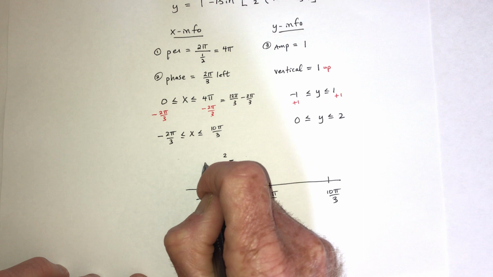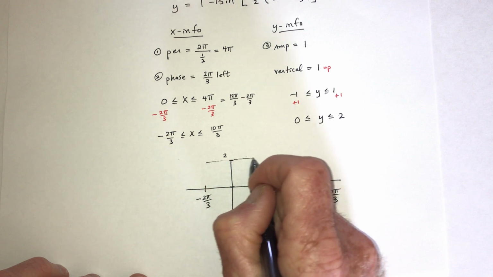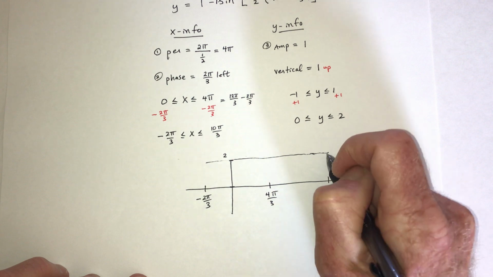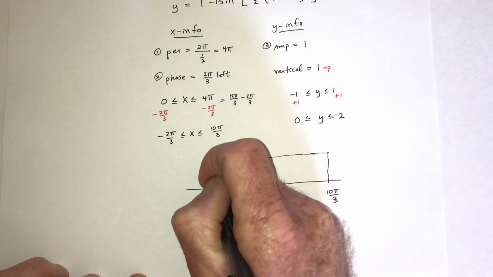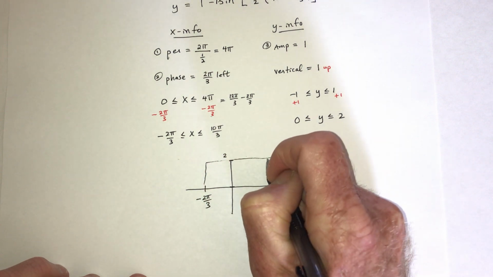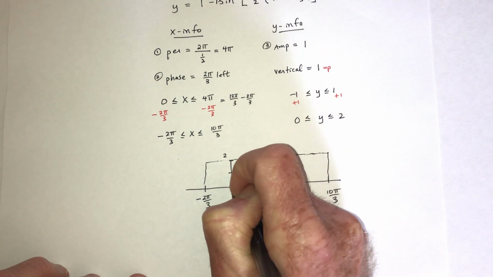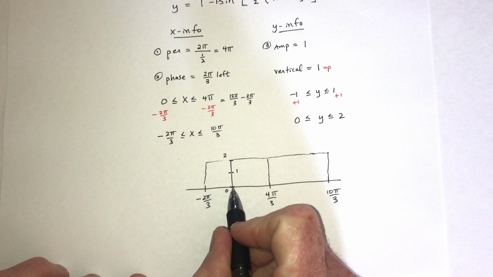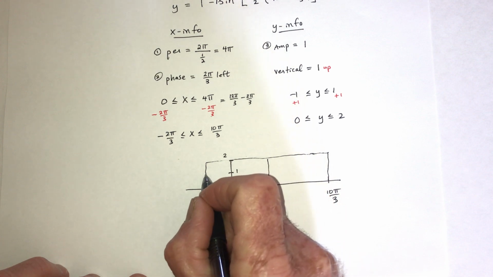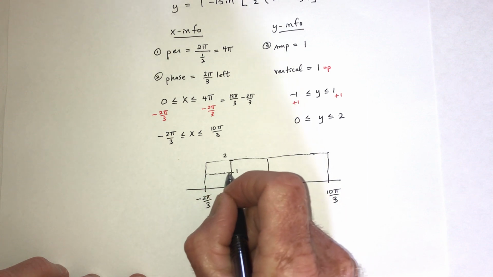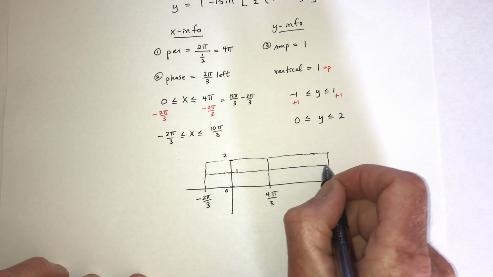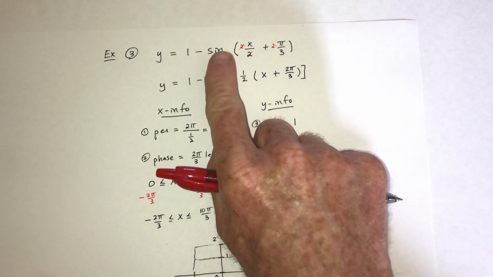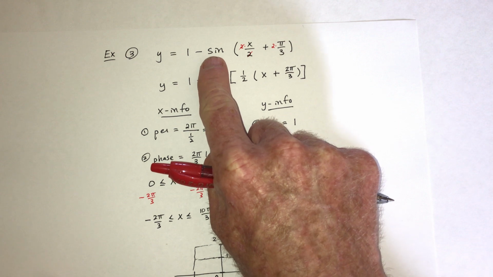And then I like to sketch this. So it needs to be inside of this rectangle. And right in the middle of 0 on the y-axis, between 0 and 2, is a 1. So then just draw lightly a line like this. Okay, so now we're supposed to graph sine.